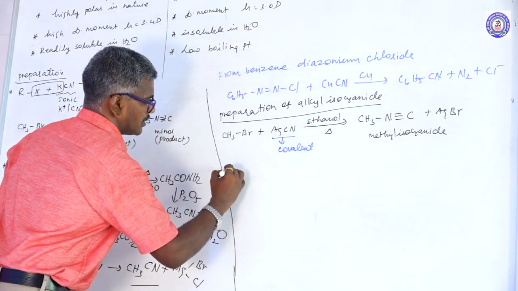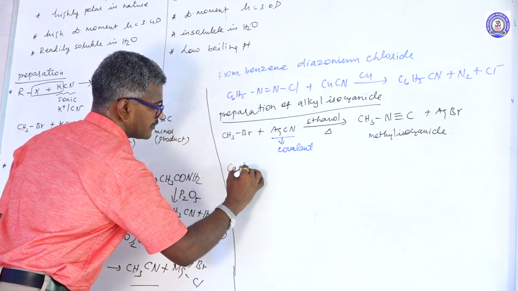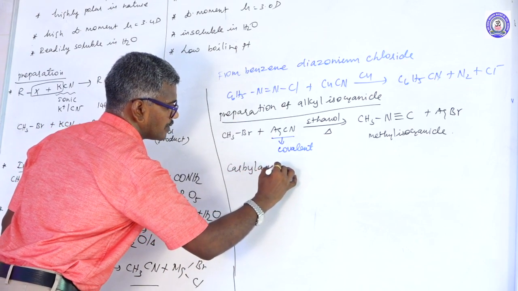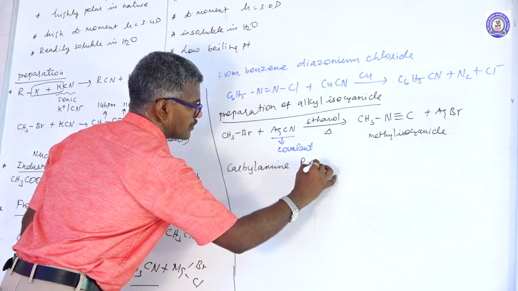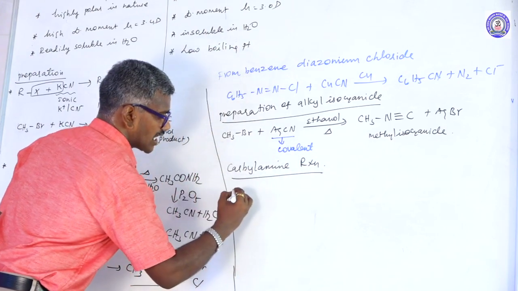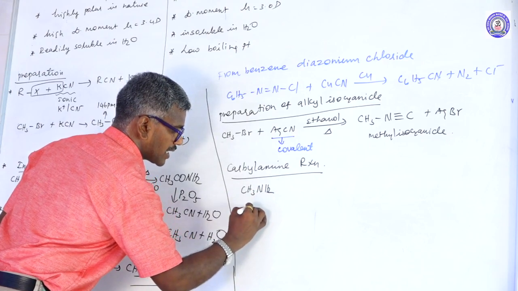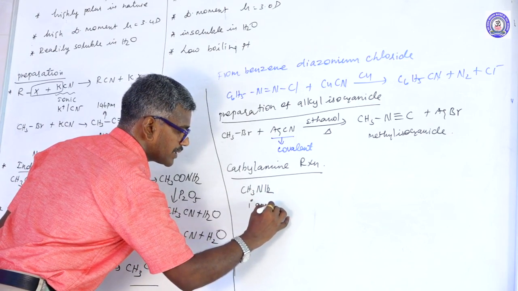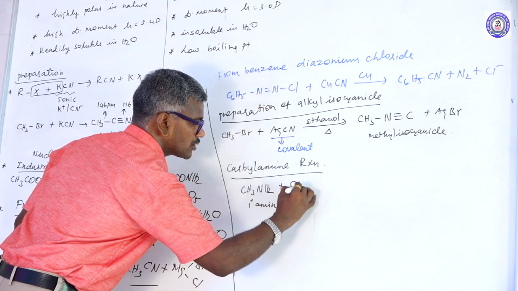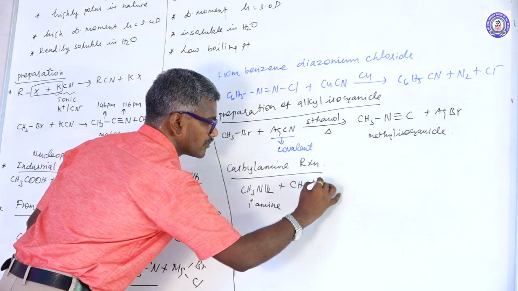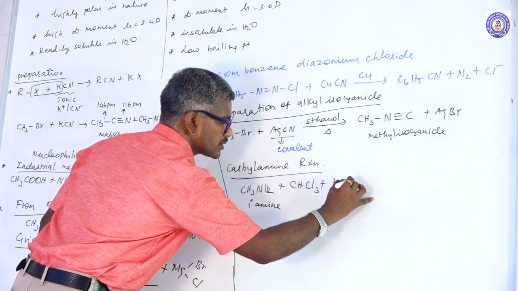Another one is the carbylamine reaction. What is the carbylamine reaction? CH3NH2, nothing but methylamine, reacts with chloroform in the presence of KOH.